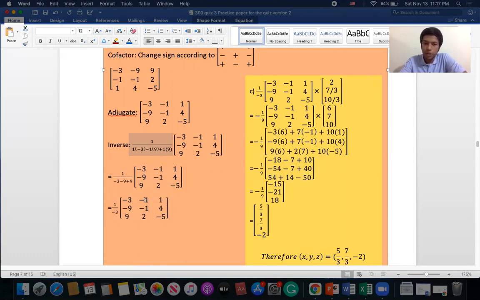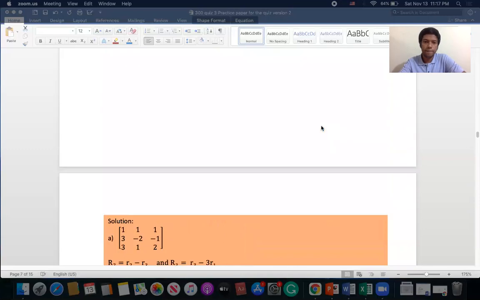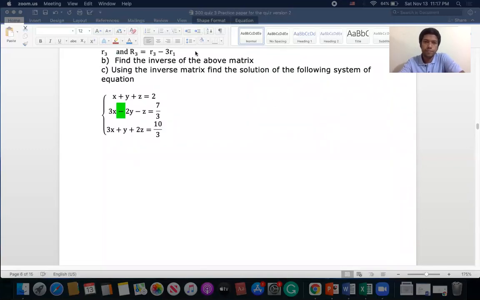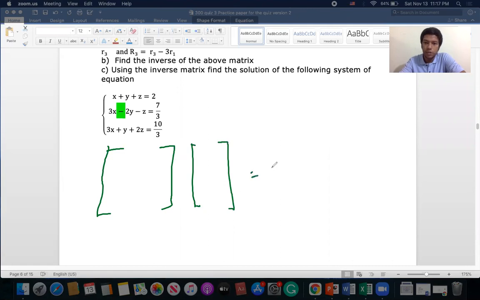Then to find the solution, this is the inverse, and we have to multiply it with the constant terms given on the right side. The rule is like this. We write all the coefficients here, then we write all the x, y, z here, then equals to the constant terms here.